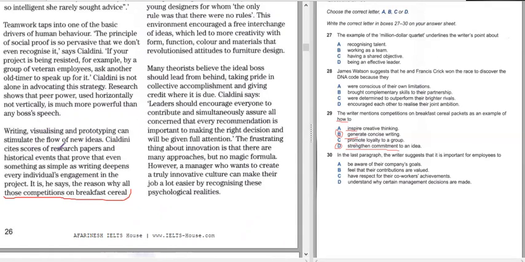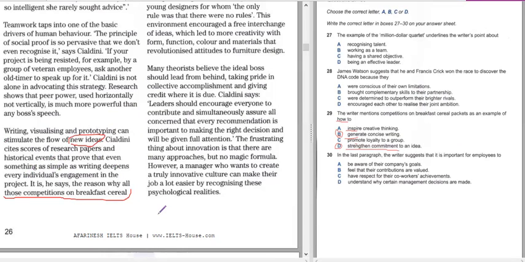Cite scores of research papers and historical events that prove that even something as simple as writing deepens every individual's engagement in the project.